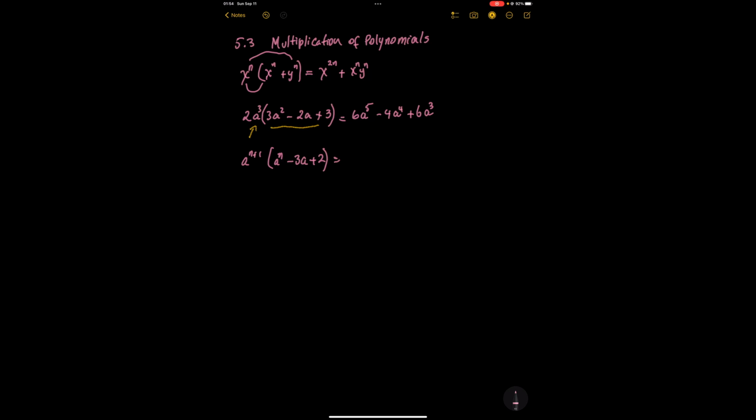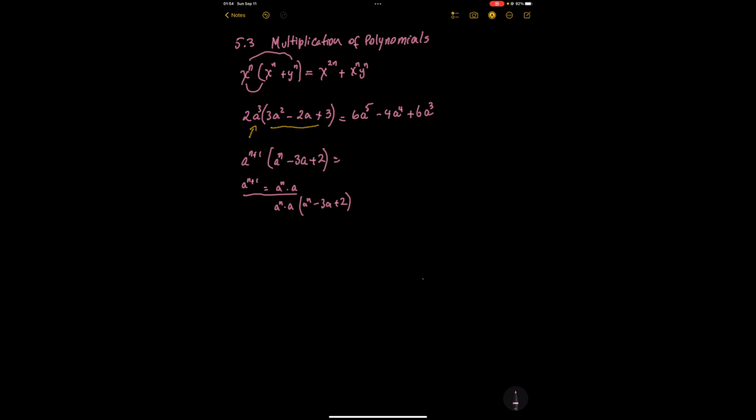What is a^(n+1)? a^(n+1) is basically equal to a^n times a. So when you multiply a^(n+1) times a^n, what you need to think about is what a^(n+1) actually is. So basically what you're going to be doing is a^n times a times a^n minus 3a plus 2. Alright? So now you actually can see this part openly.